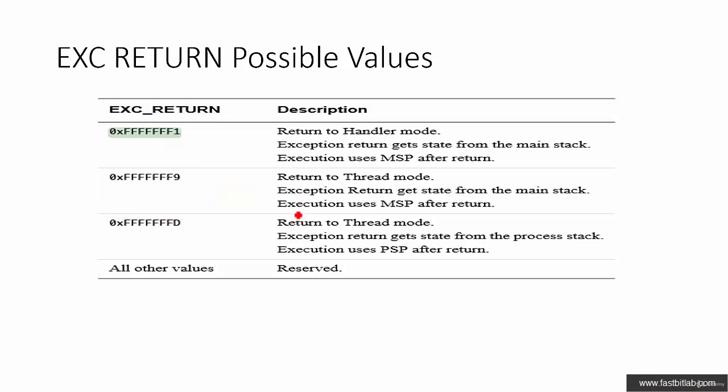And once the thread mode code resumes execution, it uses MSP as its stack pointer. That's correct. We never used PSP. Thread mode always started with MSP, so after return, it should also continue using MSP as its stack pointer. All these things the processor will understand by decoding this EXC_RETURN value.